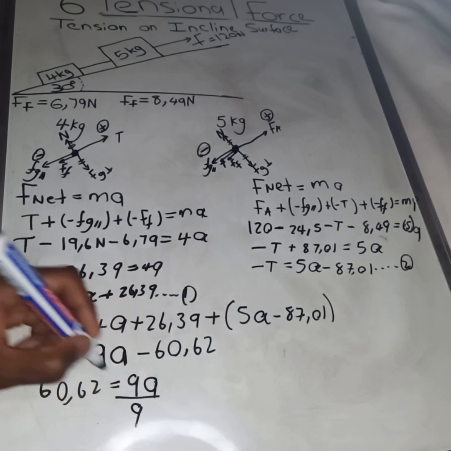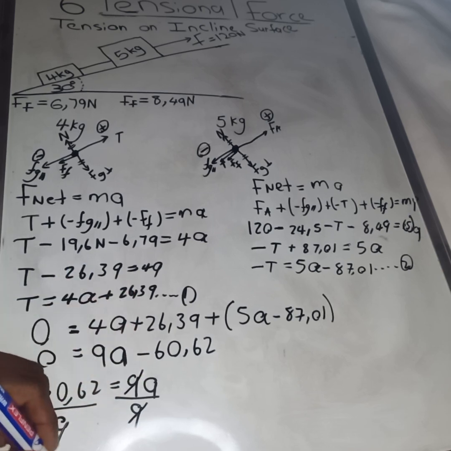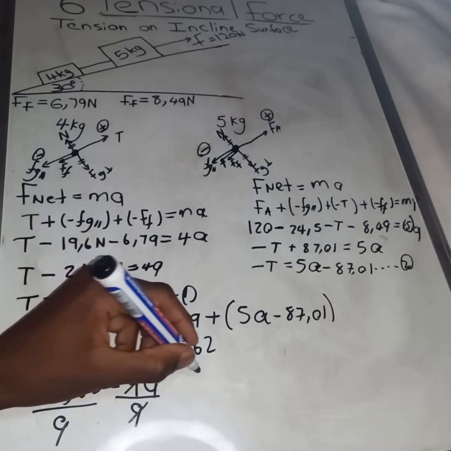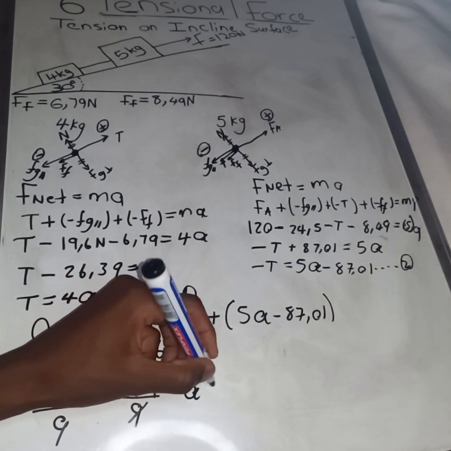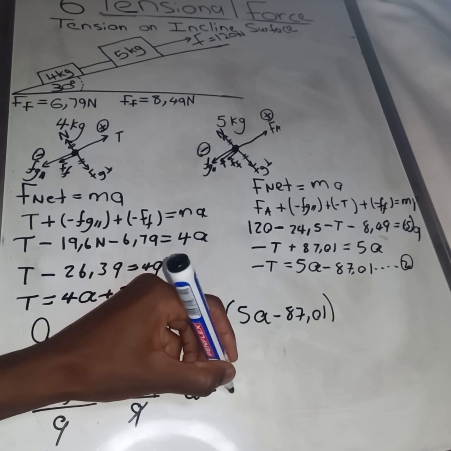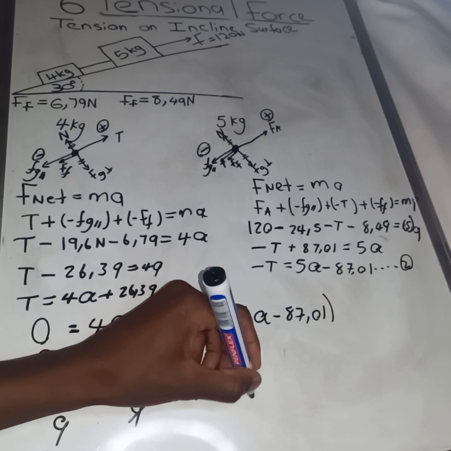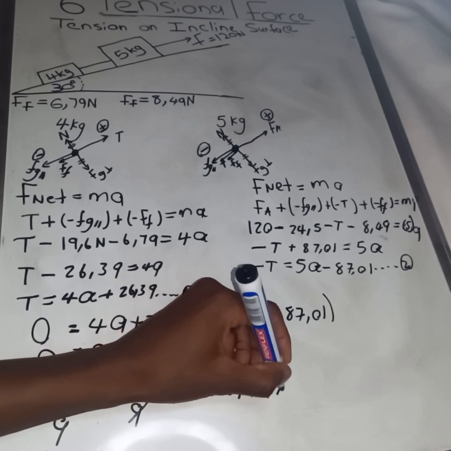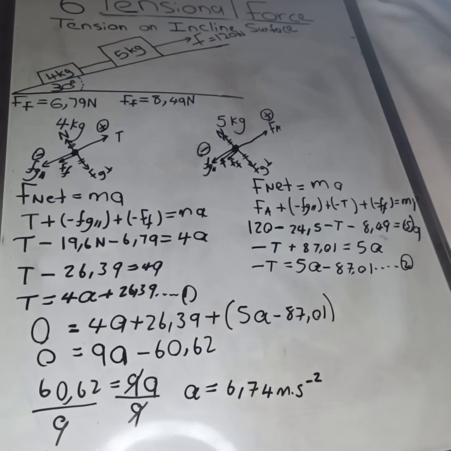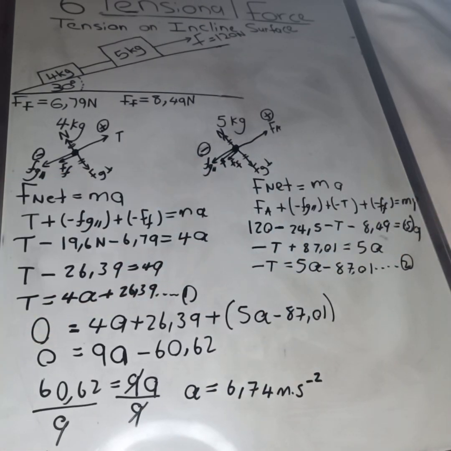We divide both sides by 9. 9 cancels 9. So the value of acceleration, 6.74. So we are going to choose equation 1 or equation 2 to calculate tension.